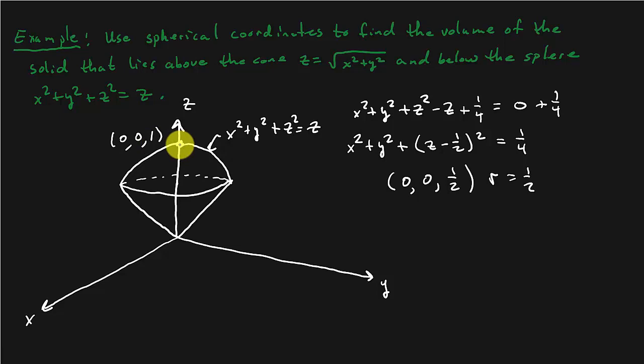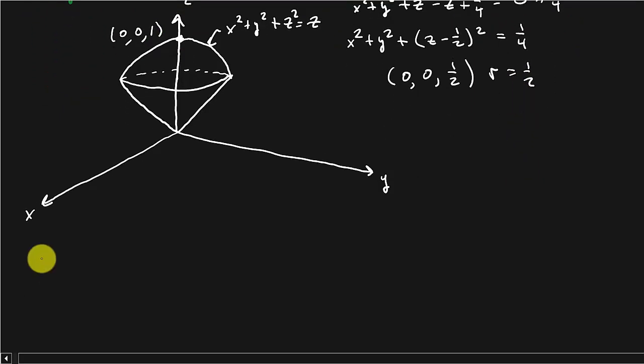All right, so we need to get all of this in spherical coordinates. Well, we know that x squared plus y squared plus z squared is equal to z. So this is telling me that rho squared is equal to z. Well, what is z? Do you remember earlier when I showed you how to go from rectangular coordinates to spherical coordinates, that z is rho times cosine phi.